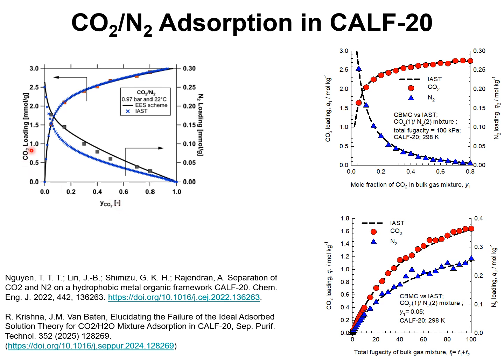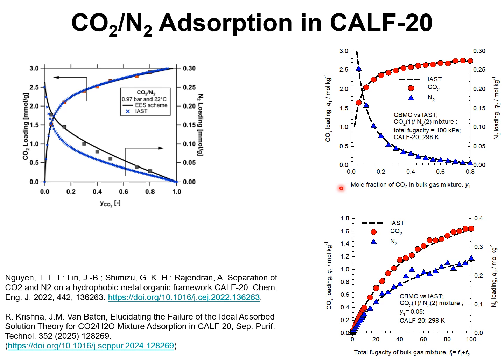Now, in order to understand these small deviations from ideality that were reported in the experiments by Nguyen and Rajendran, we carried out molecular simulations for adsorption of mixture of CO2 and nitrogen at a total pressure of 100 kilopascal at a temperature of 298 Kelvin.